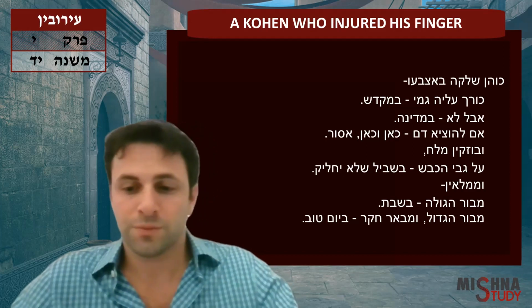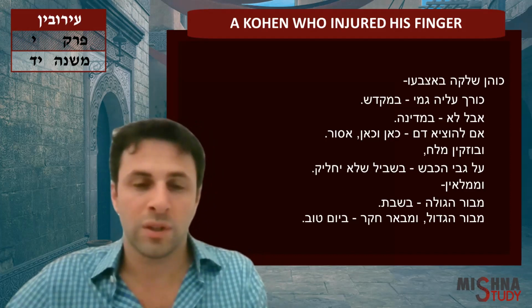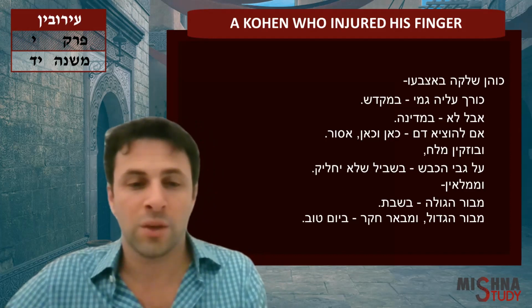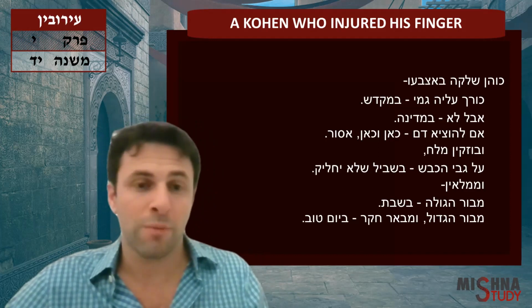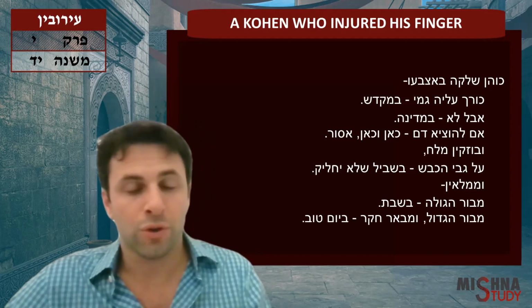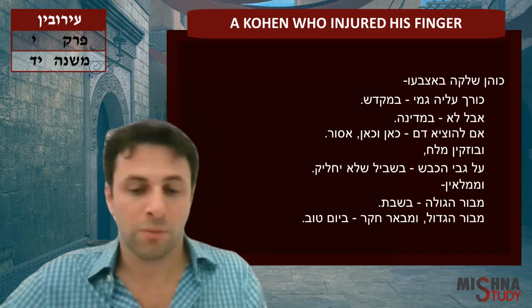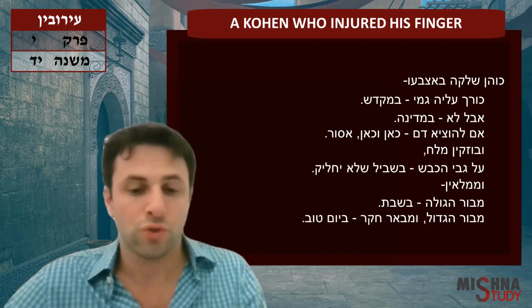So in general, the bor gula would be this cistern in one of the chambers in the Mikdash, and there was this big galgal, a wheel on top, which made it very easy to draw water, but it also made noise. It would make this noise when they were drawing the water.